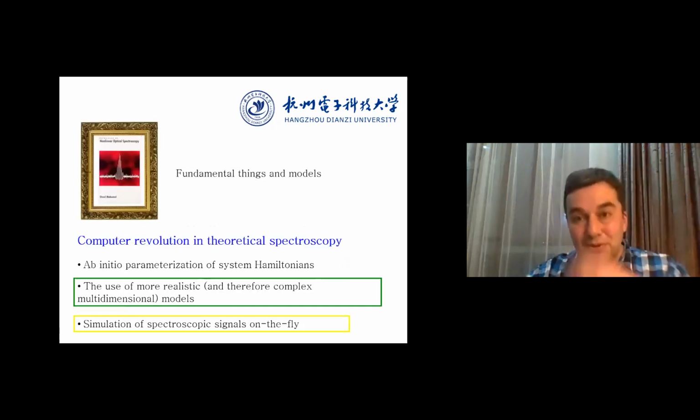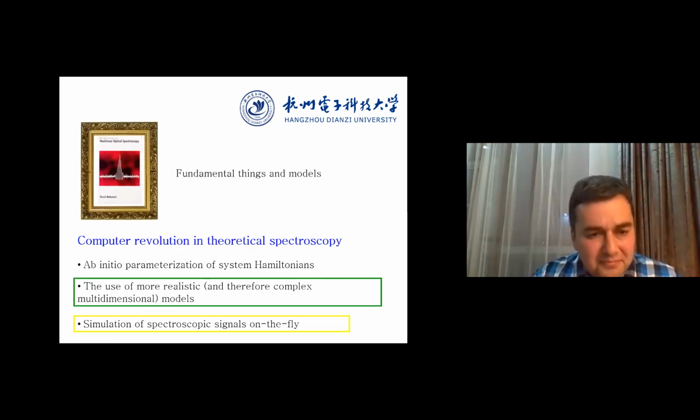But before I go into details of the method, I just want to put it into some context. I have a feeling that we now live through the computer revolution in theoretical spectroscopy, or computational spectroscopy. If you look at Mukamel's book, you will see mostly fundamentals and models. But nowadays, due to the advent of computers and quantum chemistry packages, we can do a lot of things ab initio.